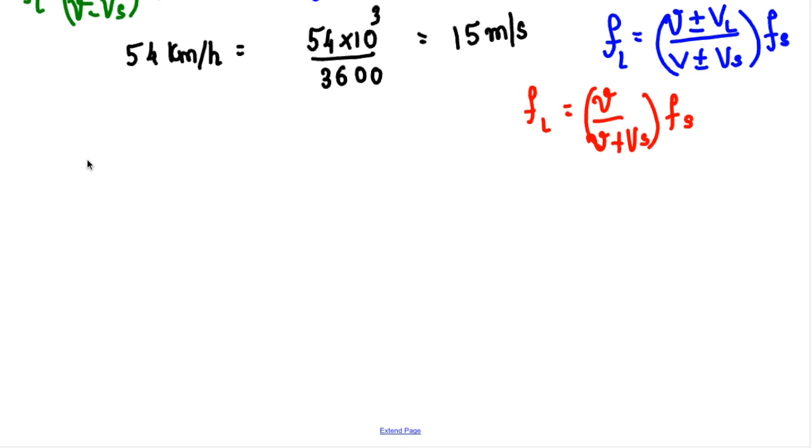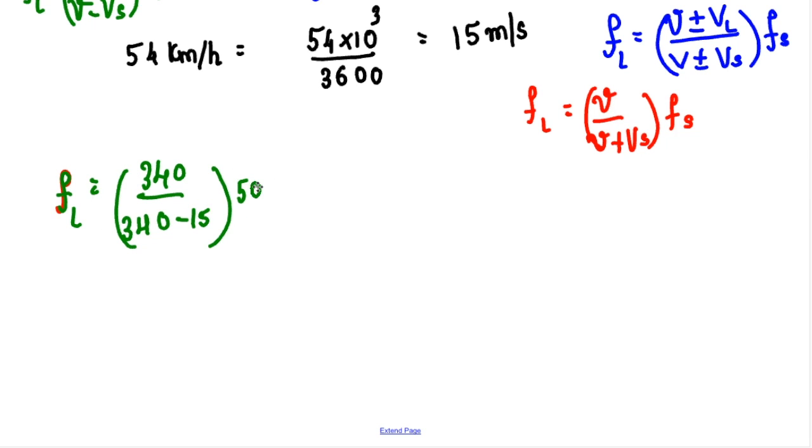Now substituting the values, FL equals 340 upon 340 minus 15 into the frequency, that is 500 Hertz, and that will give you 523 Hertz.